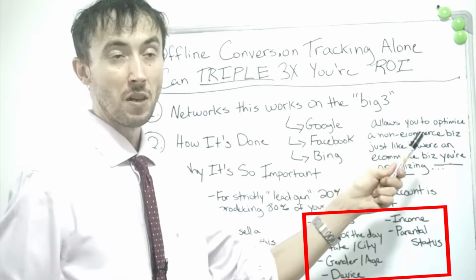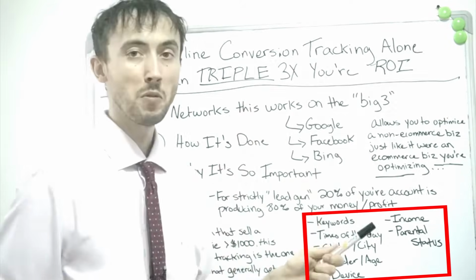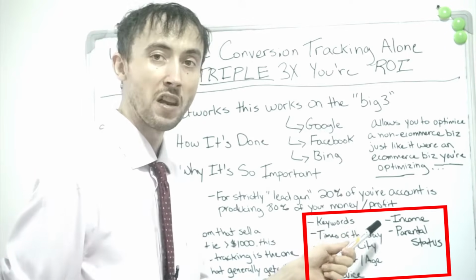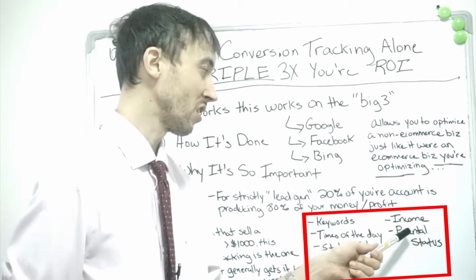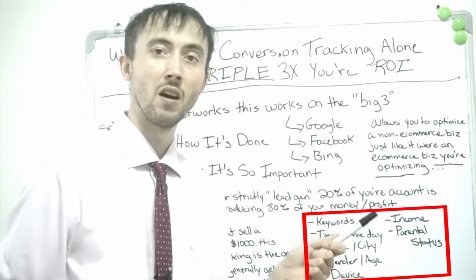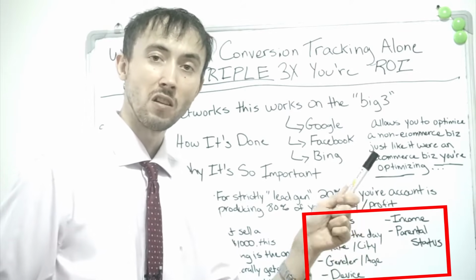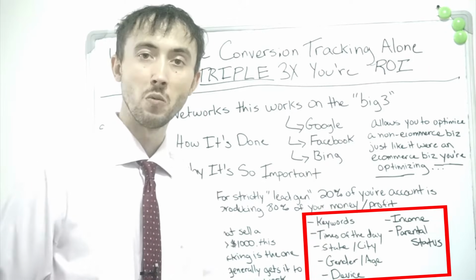And even if you're not an e-commerce business, you can use offline conversion tracking to optimize your business, using what are called bid adjustments on each of these sub-dimensions in your Google Ads, Bing, or Facebook account. You can see what's working and narrow down to what specifically works on the keywords you're targeting.